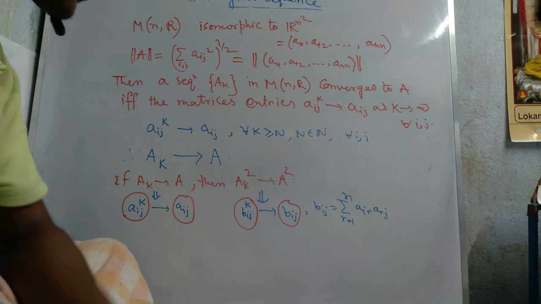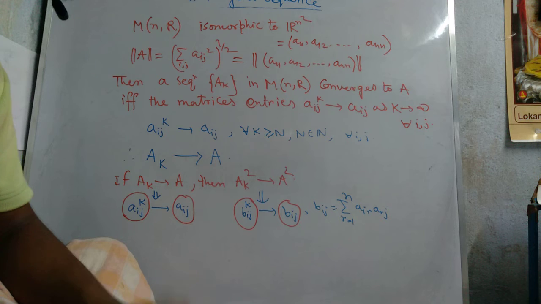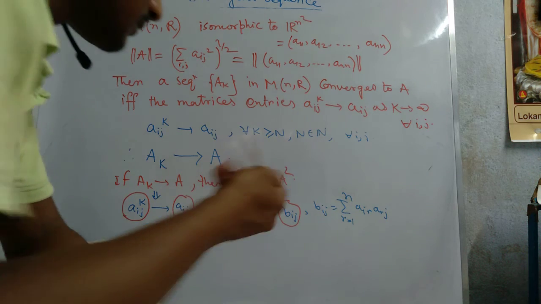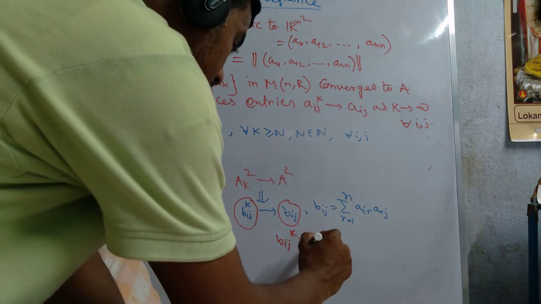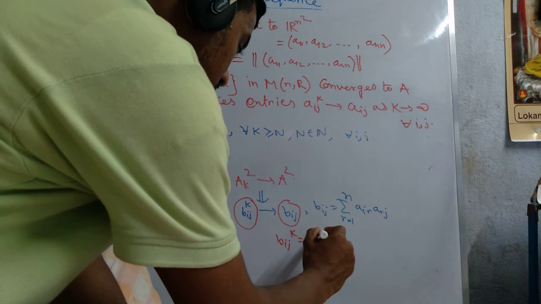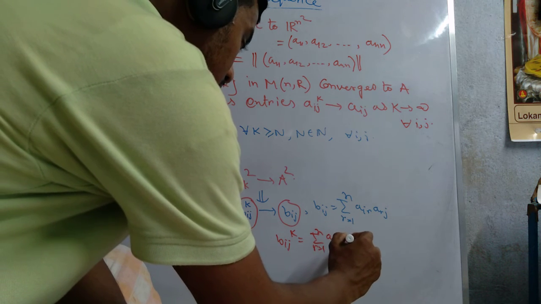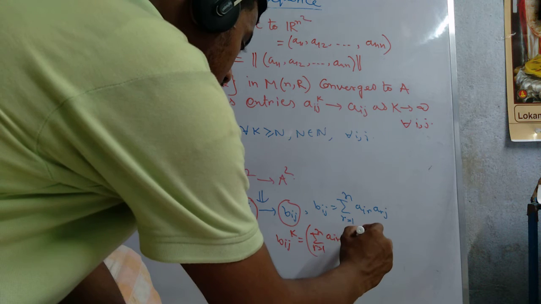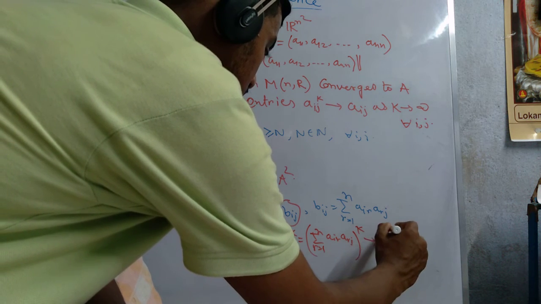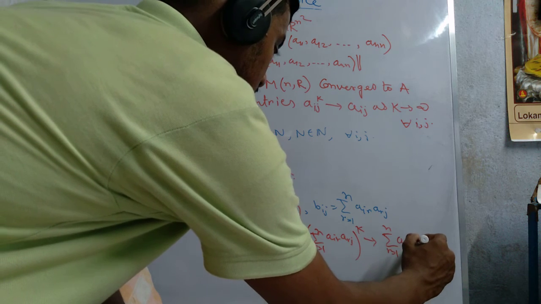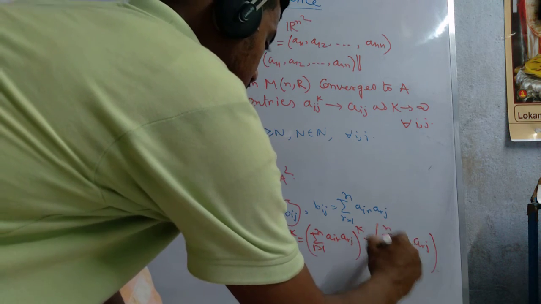Bij^(k) equals the summation over r from 1 to n of air^(k) arj^(k), which converges to the summation over r from 1 to n of air arj.